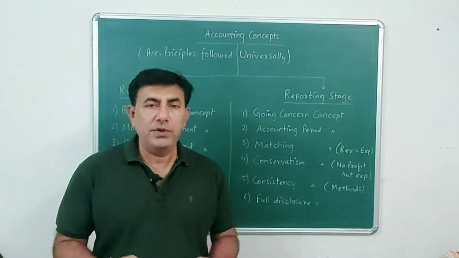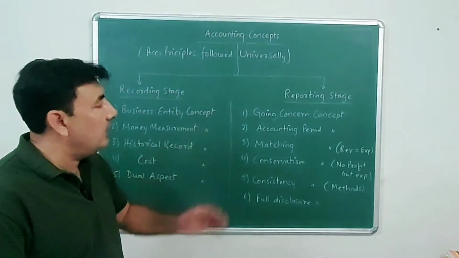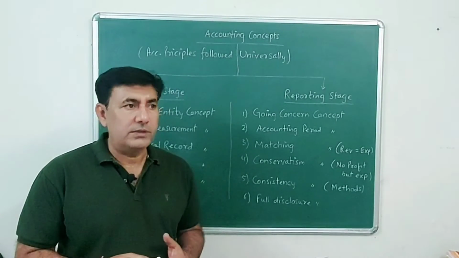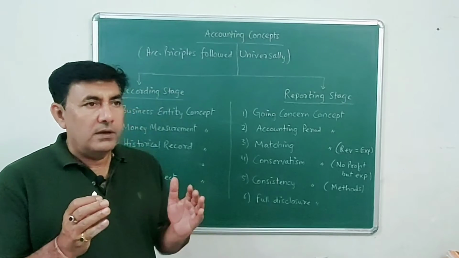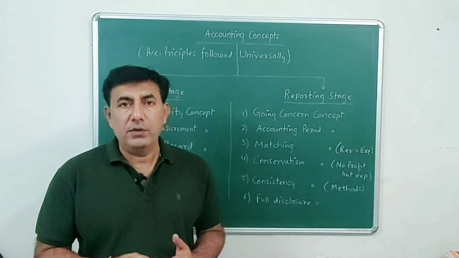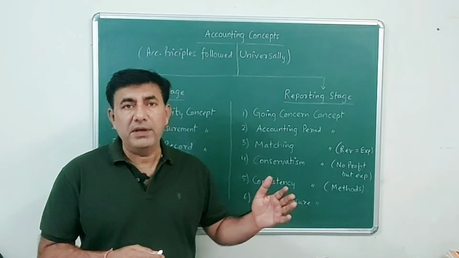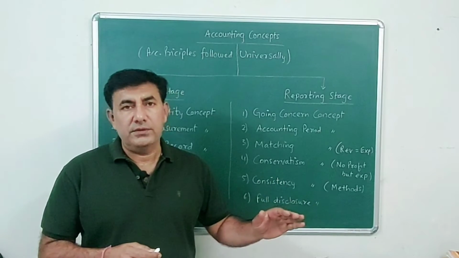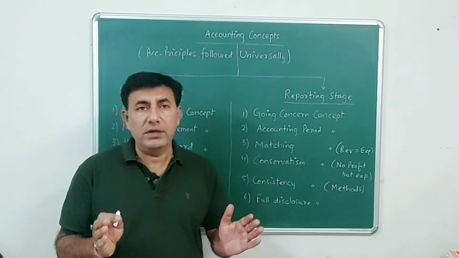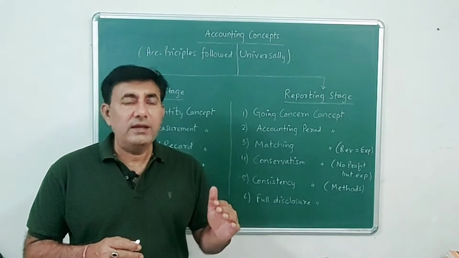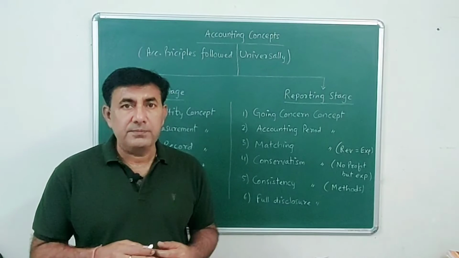Okay friends, let's move on to the next concept, and this is accounting concepts. Now let's try to understand what these accounting concepts are. Basically, there are certain principles of accounting which are followed all over the world. That means universal application. All the accountants working in organizations follow the same system throughout the world. That is called an accounting concept, right?